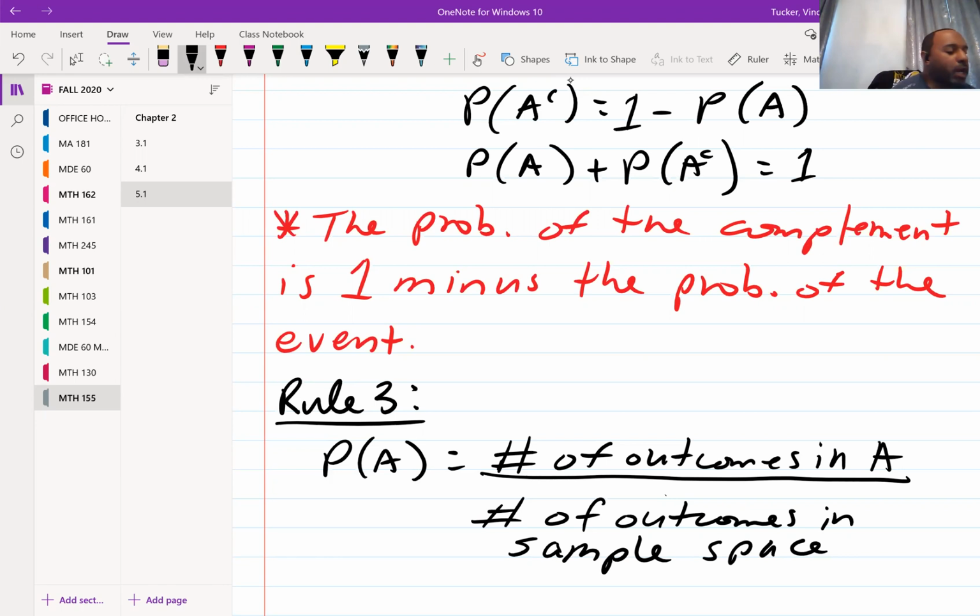All right, so the way we'll calculate the probability of A is that we will find the number of outcomes in event A and place it over the number of outcomes in your sample space.